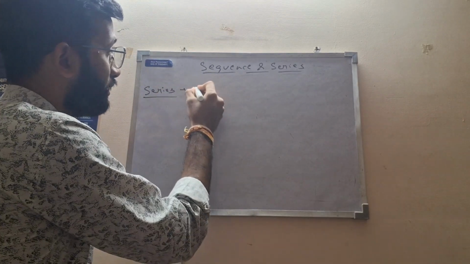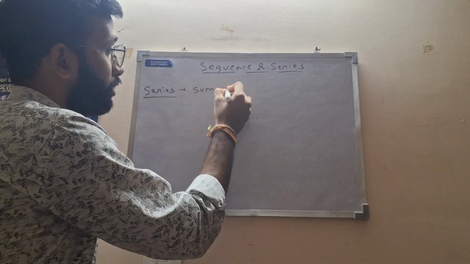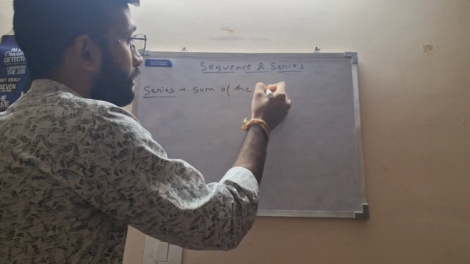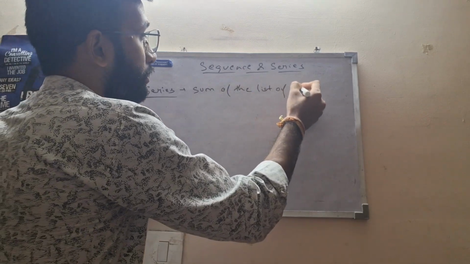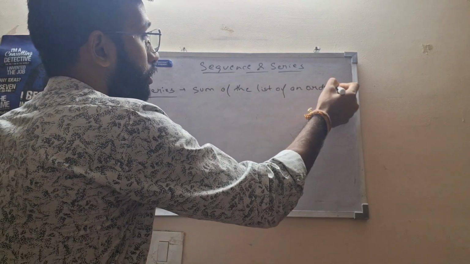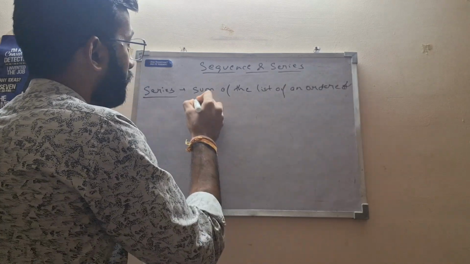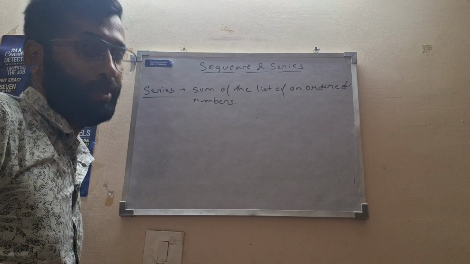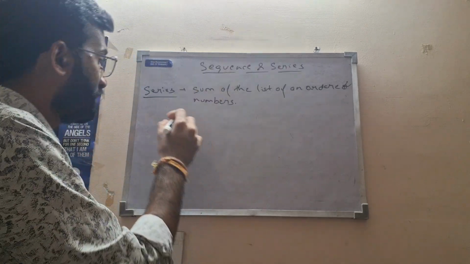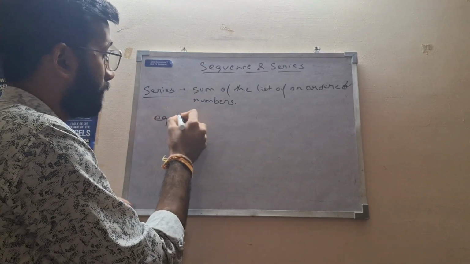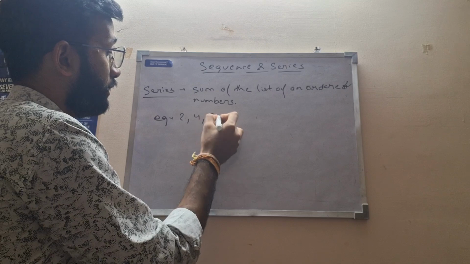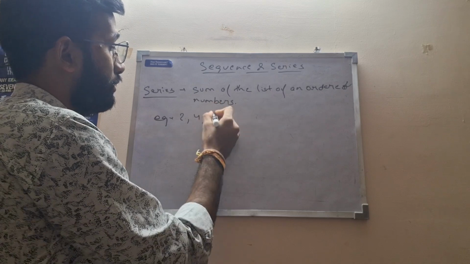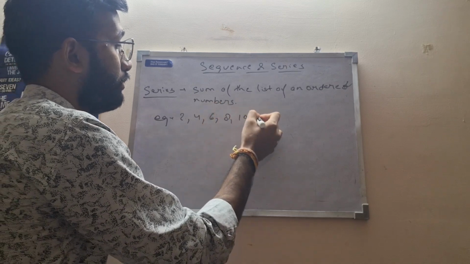If we take the sum of the list of ordered numbers, then that will be called a series. Like remember our first example, which is 2, 4, 6, 8, 10, 12.